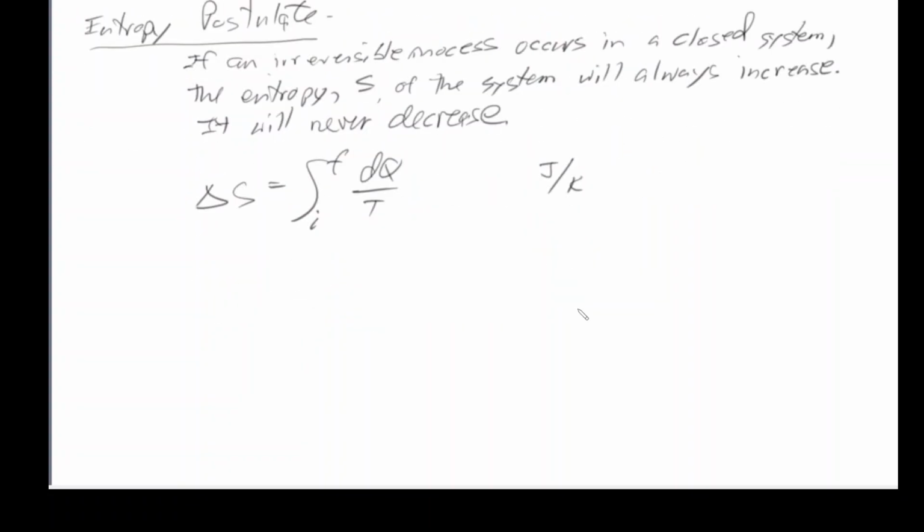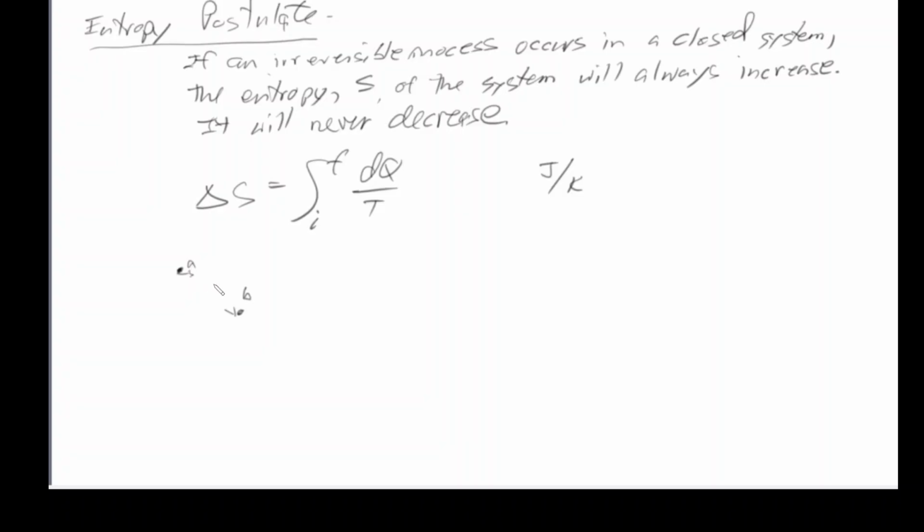Sometimes we can't find the change in entropy for an irreversible process. So if you have a process going from A to B and it's irreversible, often we can't actually calculate the entropy. However, we can find the change of entropy by replacing the irreversible process with an isothermal reversible process that has the same initial and final points.